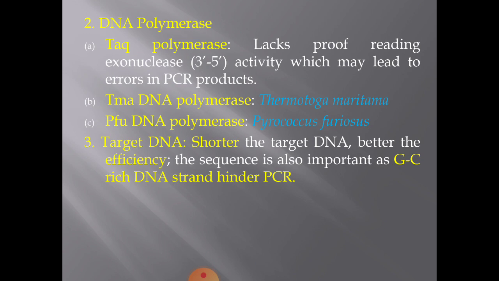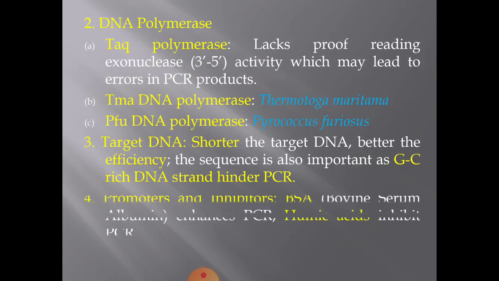So this is about the target DNA. Then promoters and inhibitors of PCR. There is a chemical called BSA, bovine serum albumin. If you add BSA to the reaction mixture, it will enhance the PCR efficiency. On the other hand, if you add humic acids, that will inhibit the PCR.